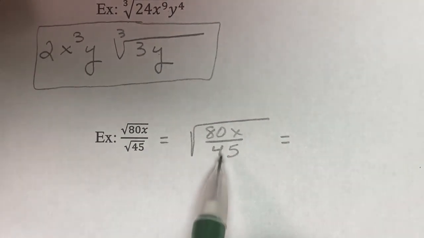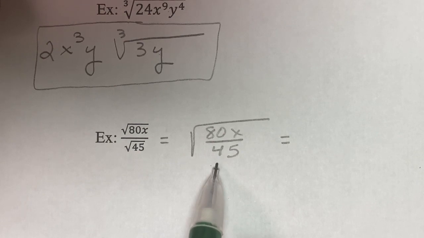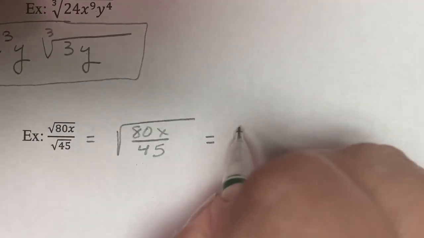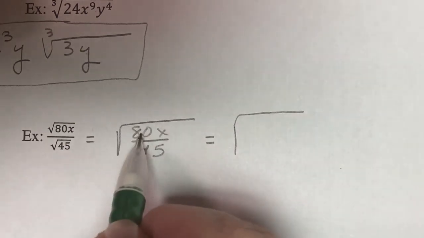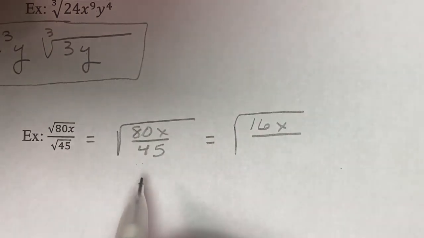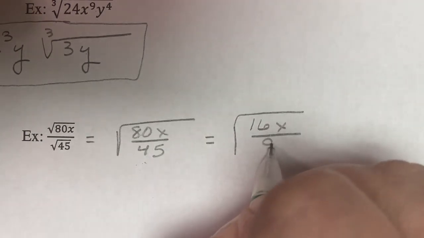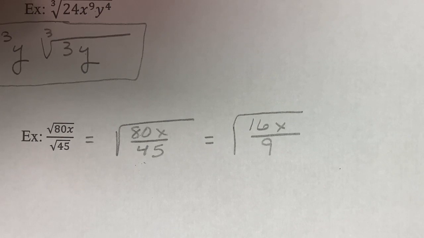Because I can reduce this fraction now, and that might make my life a little bit easier. What can I divide out of both 80 and 5? Well, a 5 will divide into both of them. 5 goes into 80 16 times, over 5 goes into 45 9 times.